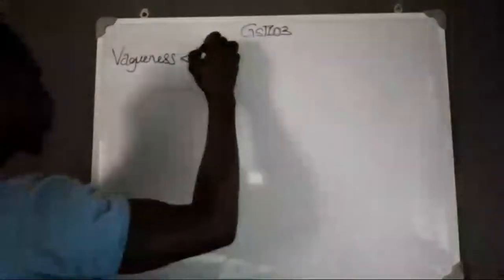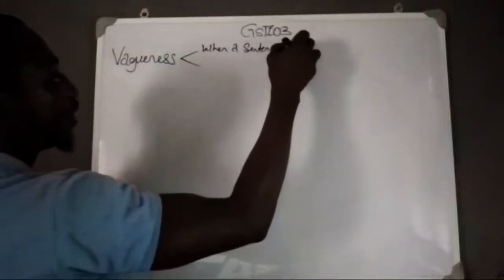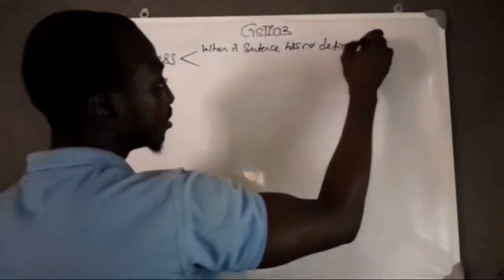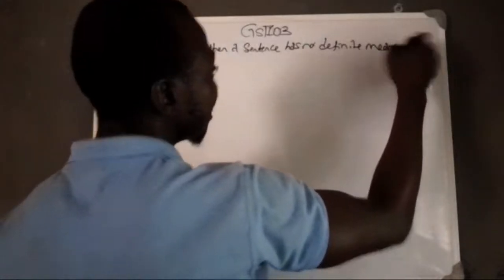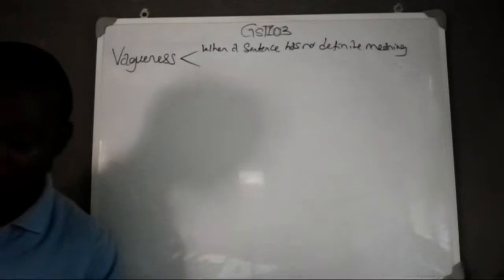Now, when we talk about vagueness, a sentence is said to be vague when it has no definite meaning. If you can't trace a definite meaning to a sentence, then it's vague. Now, a vague expression may be grammatically well formed, yet its meaning may be far-fetched.